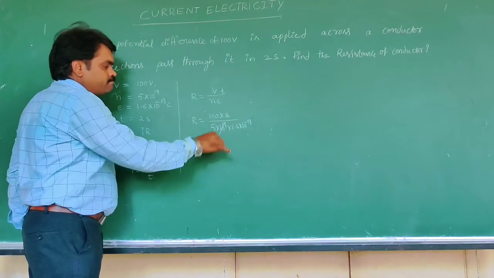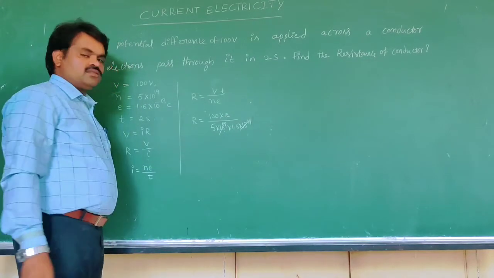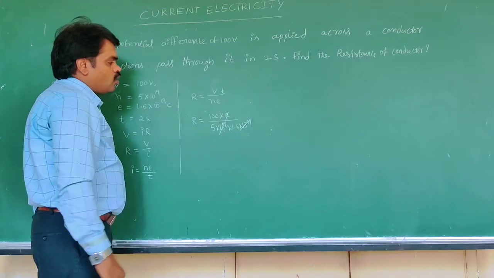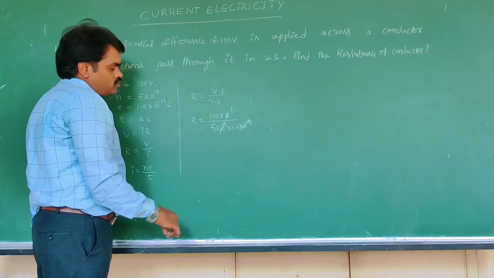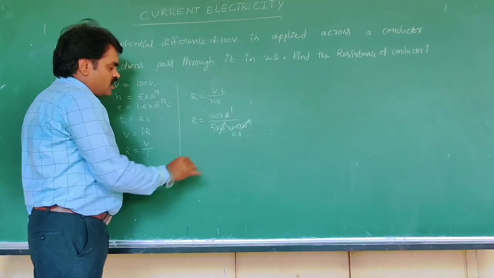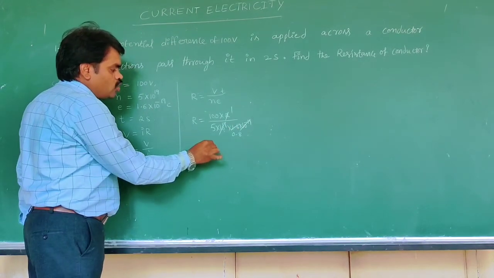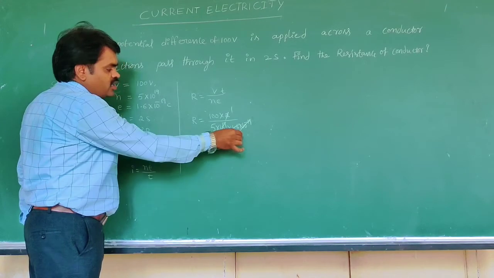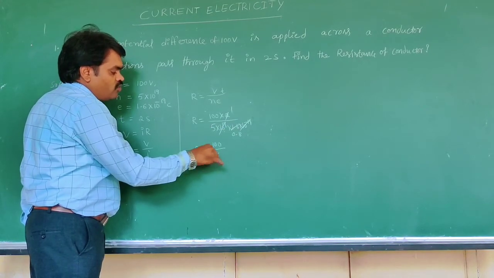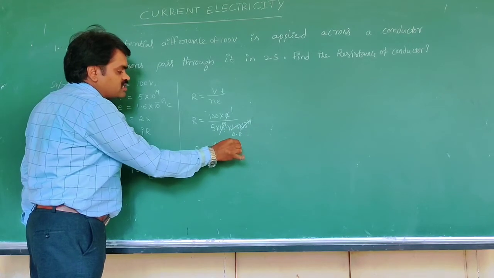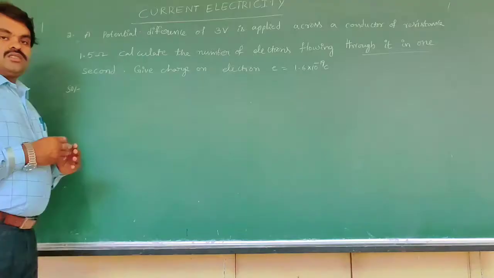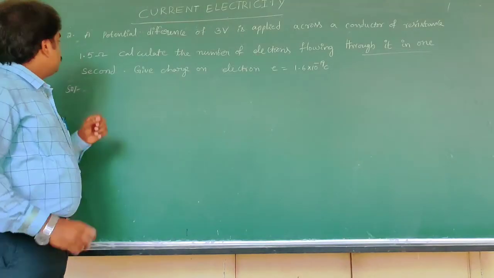Now here 10 to the power of 19 and 10 to the power of minus 19 cancel. Then R is equal to 100 by 8, 5 is 40, but the point is there, that's why 4. 4 into 25 is 100, that is 25 ohms.